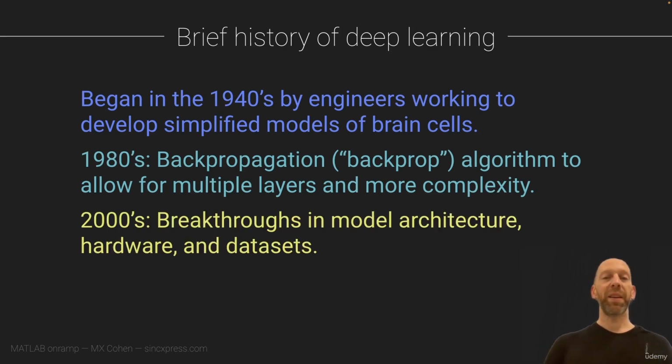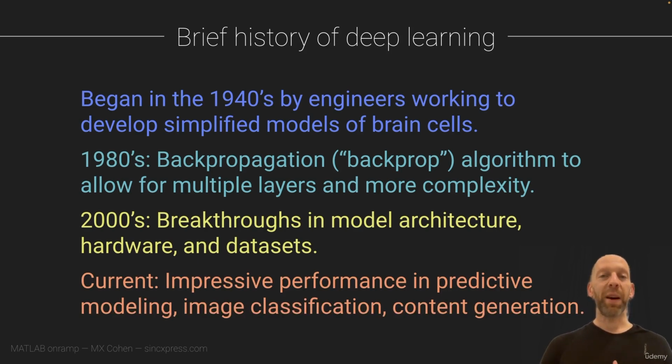And then in the early 2000s, there were several breakthroughs in model architecture and simultaneous advances in hardware and large-scale data sets. And together, these enabled deep learning to achieve remarkable performance in various tasks, including image recognition and game playing and natural language processing. The latest impressive accomplishments in deep learning include generative models like ChatGPT.